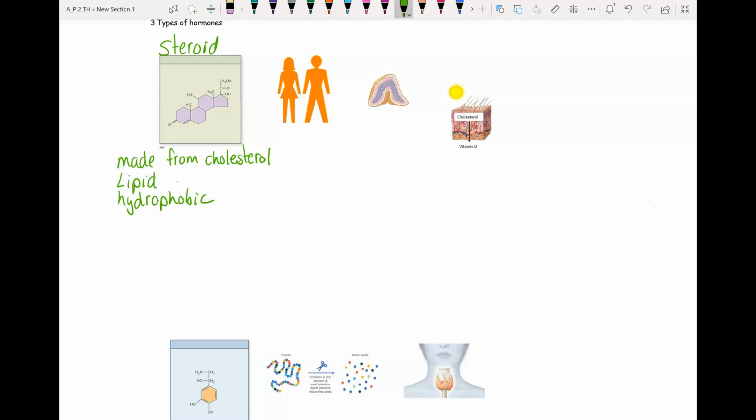A few examples of steroid hormones are the sex hormones. So estrogen and testosterone. Estrogen is in women, testosterone is in men. This is a picture of the adrenal gland.